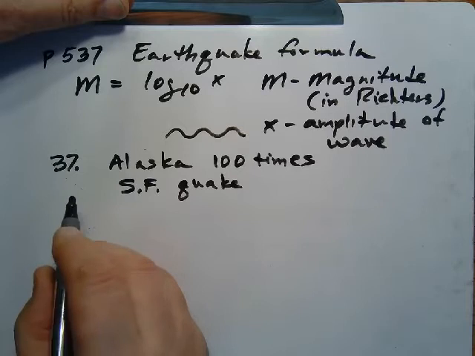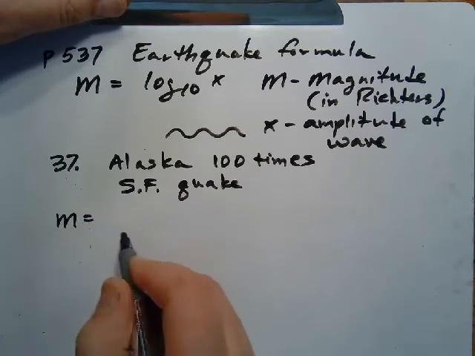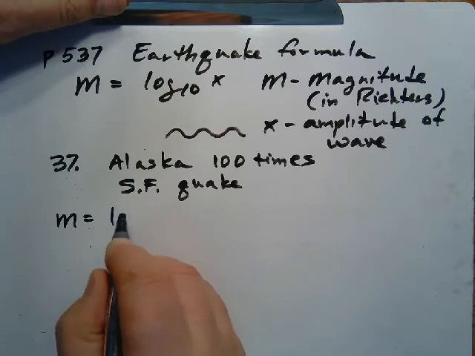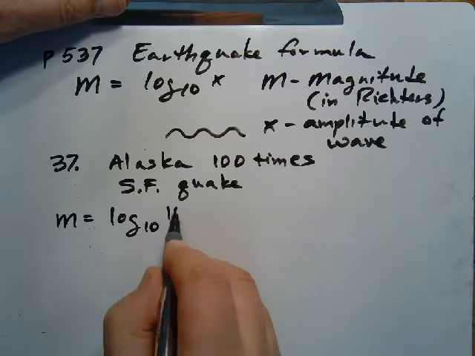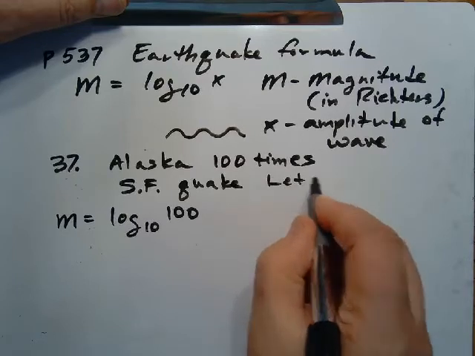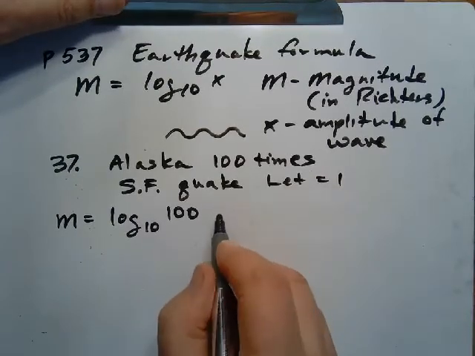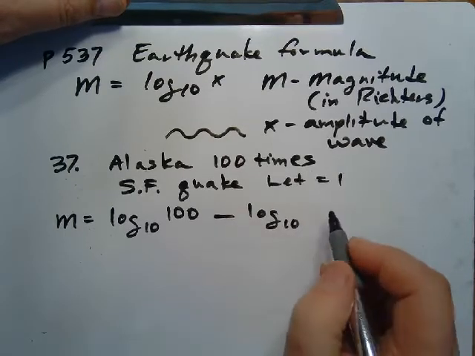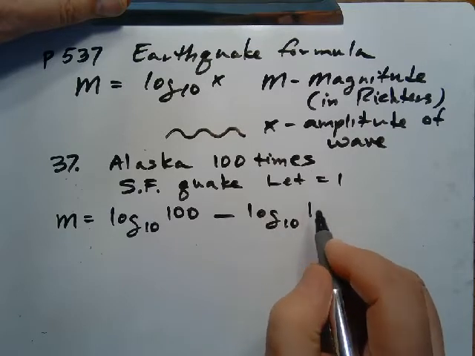So Alaska, here we go. The magnitude of Alaska is log base 10 of 100. Let's say 100. If we let San Francisco be just 1, let it equal 1. And then the difference of that and the earthquake in San Francisco, log base 10 of 1.